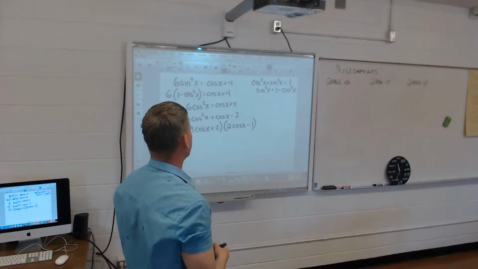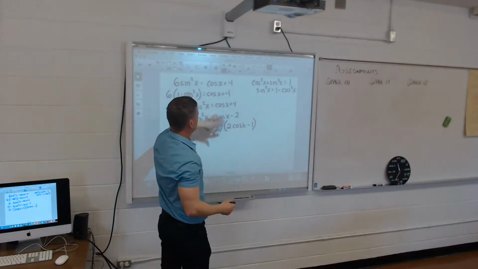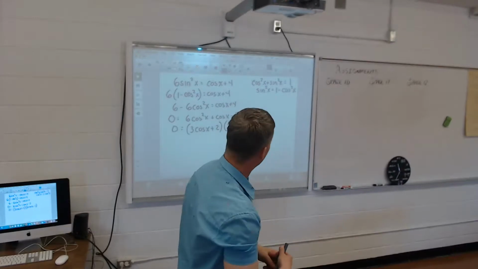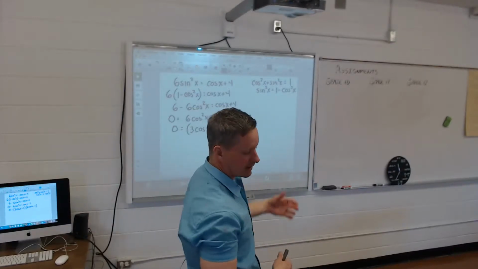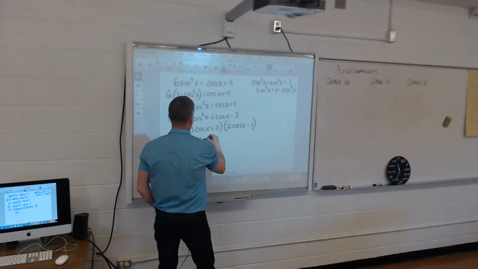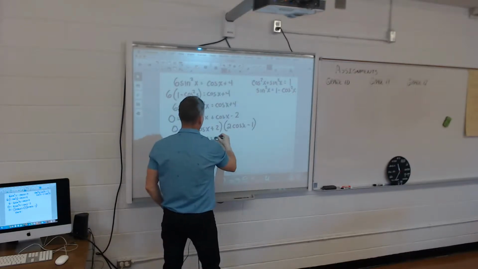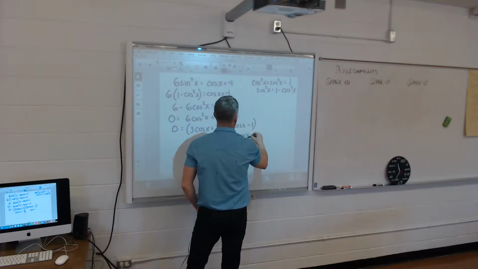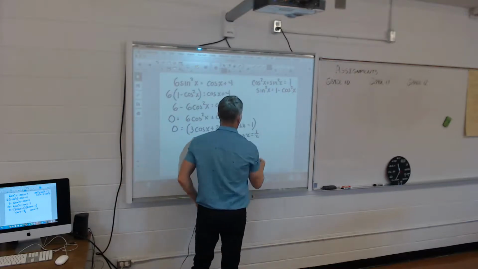So again, all of this is stuff we've done in all the quadratics that we've done up to this point. Now to apply it to your grade 12, here's what I have. cos x equals negative 2 over 3, and cos x equals 1/2.